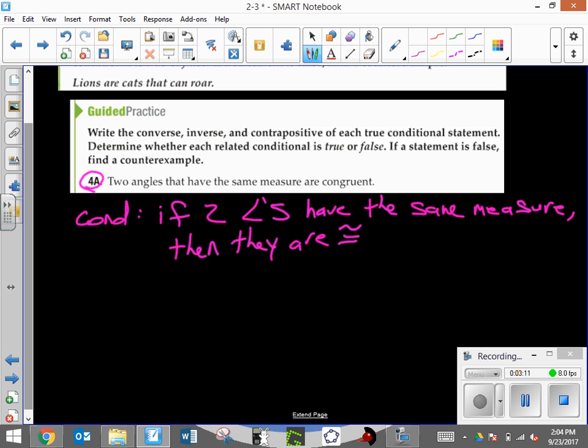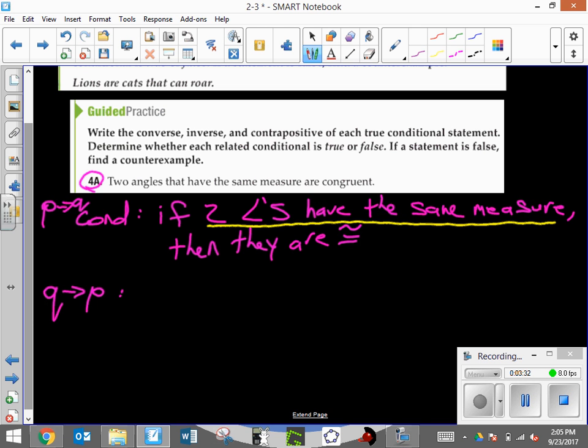Next, I want to write the converse. So if this one is in the form if P, then Q, the converse is going to be in the form if Q, then P. So I'm going to look back up here at the top. This is my P right here in yellow. That's the same measure.